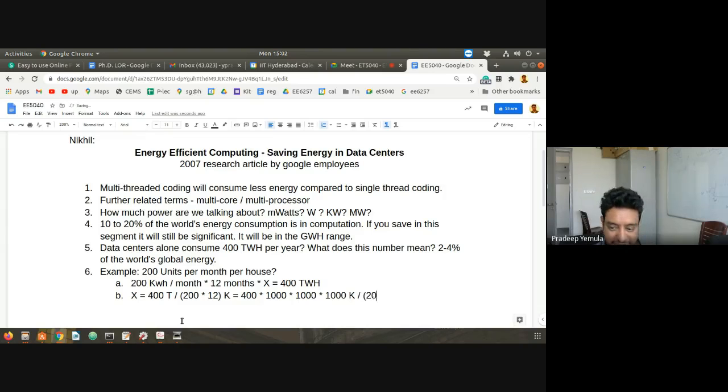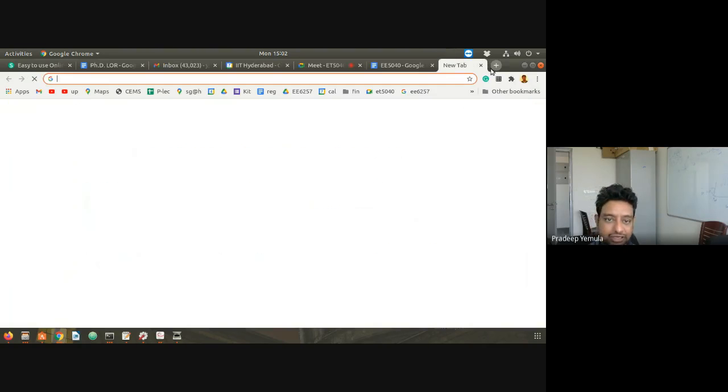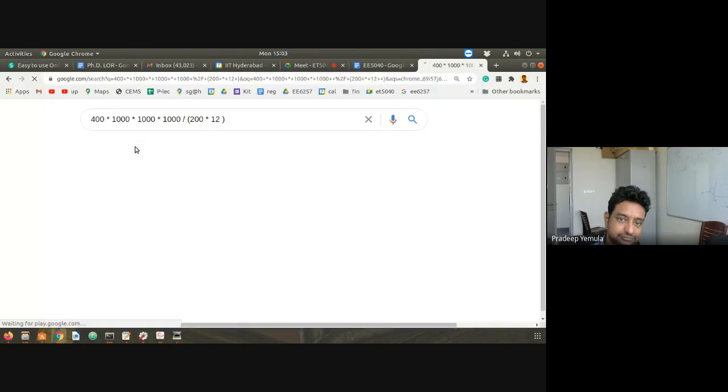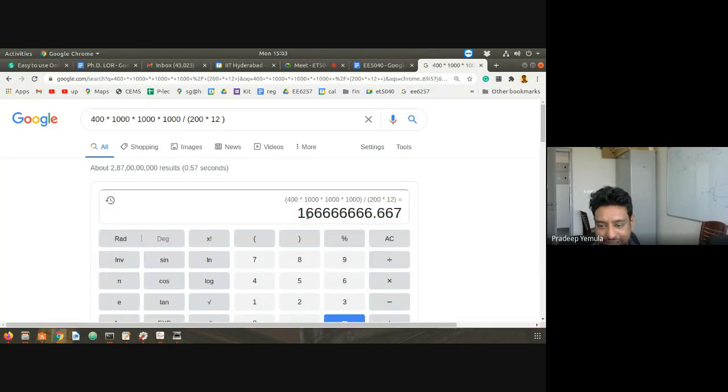The denominator is also in kilo, so both are in kilos and we can cancel out. Okay, so let's do this. I'll take this, go to Google, and calculate. So I'm getting this many houses.